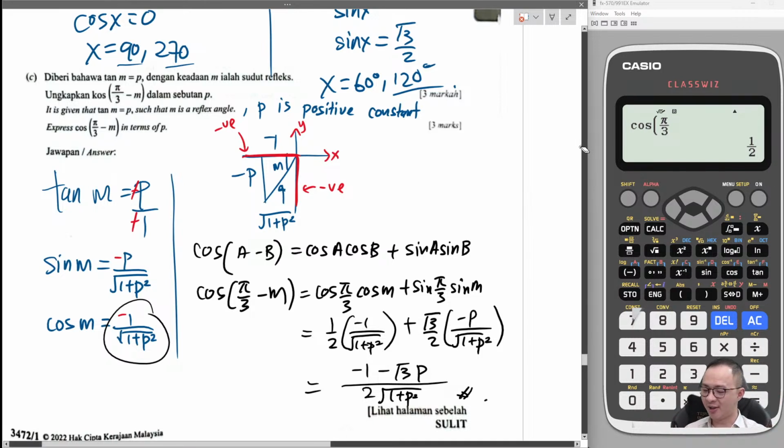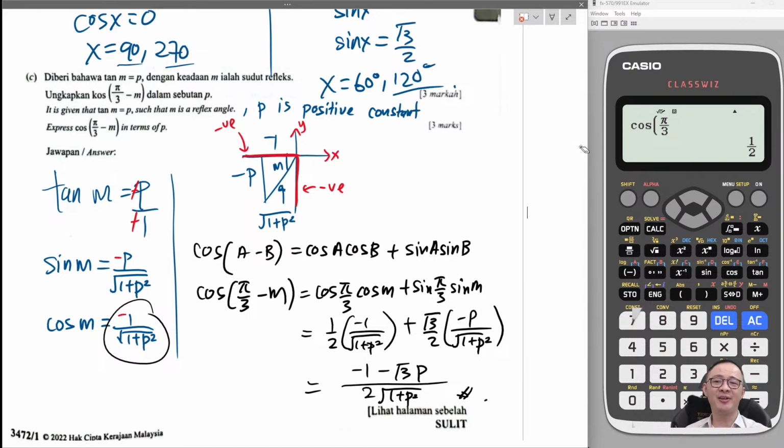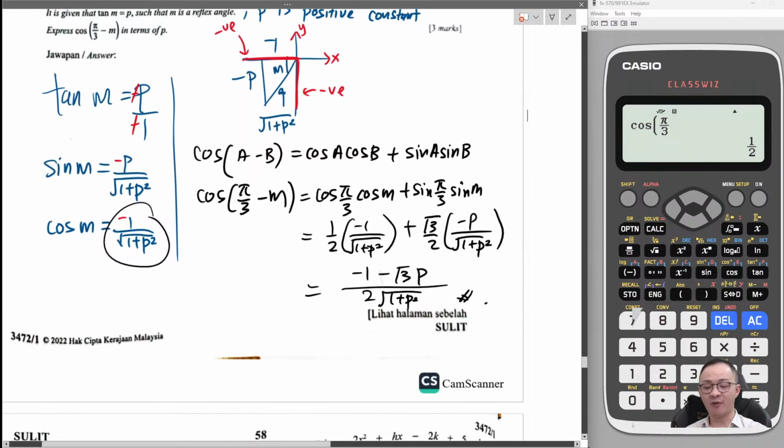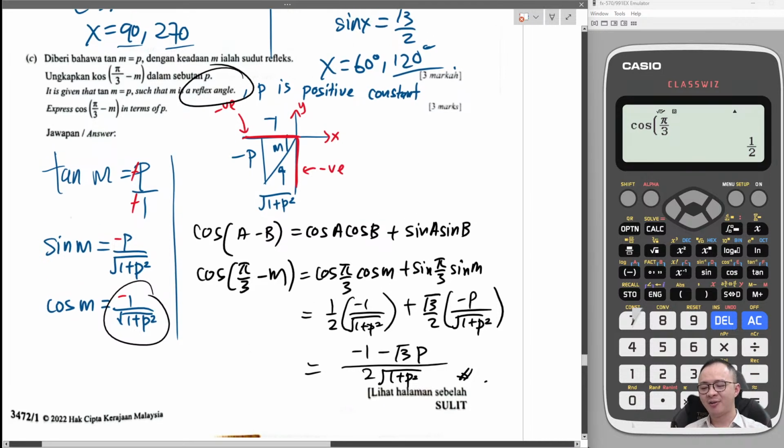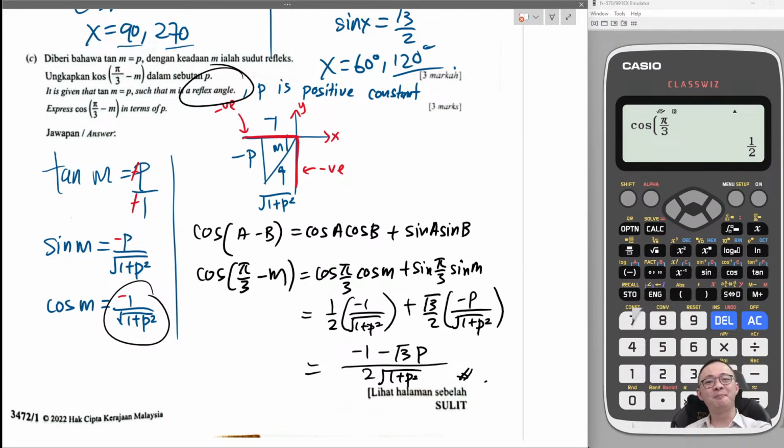So I will say this one is less accurate. Not wrong, but less accurate. Sometimes it confuses the student also because they use reflex angle. Because reflex angle is third and fourth quadrant. If P is negative, then the triangle is at the fourth quadrant. If P is positive, then the triangle is at the third quadrant.